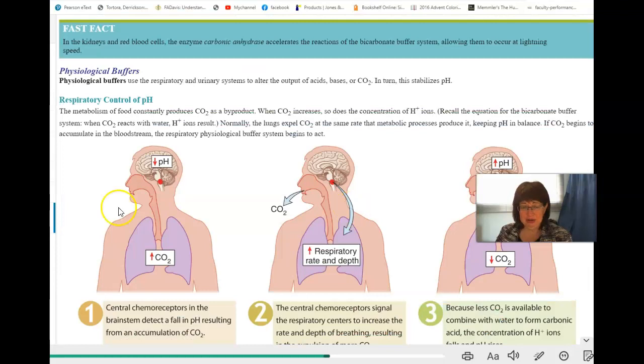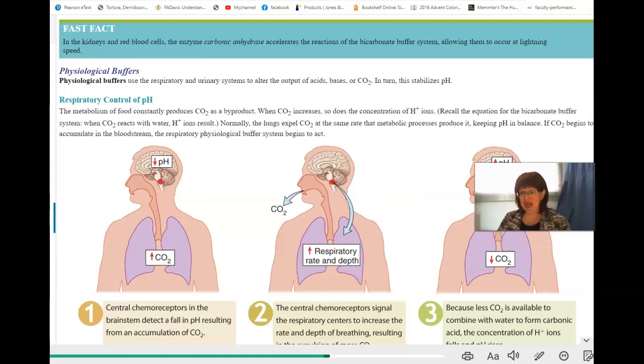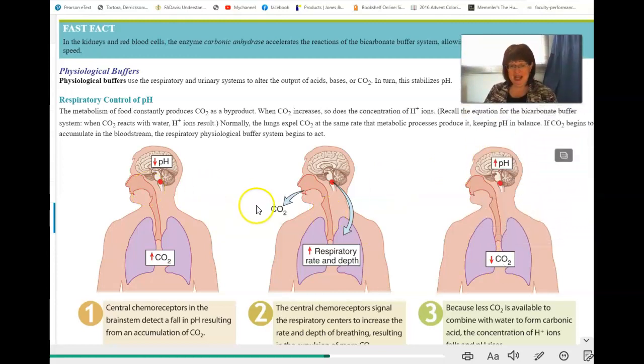Remember how we talked about your pH being regulated by your medulla oblongata way back when we talked about respiration. Now, respiration and the urinary system work hand in hand. To control pH quickly, you just increase your breathing.